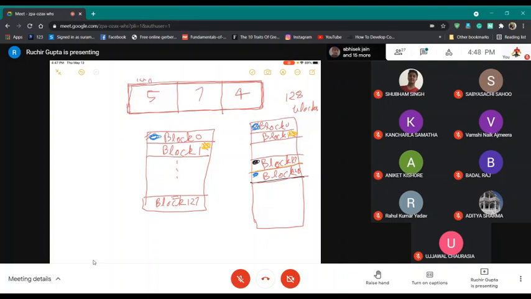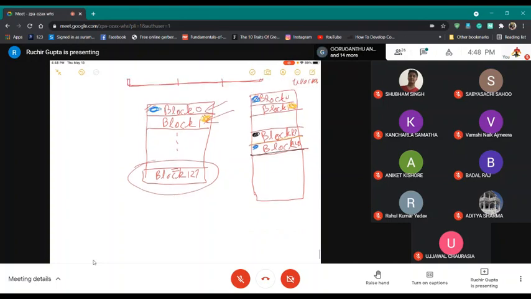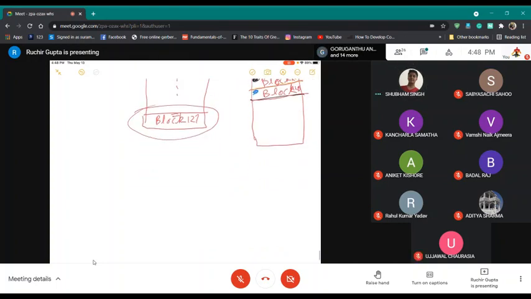It is possible that this block is entirely empty, and even then these blocks have to be replaced. Are you getting my point? So you are not using cache memory efficiently. That is the problem. It is easy to implement but inefficient and inflexible. Make sense? Is it okay? Yes, sir. Okay.